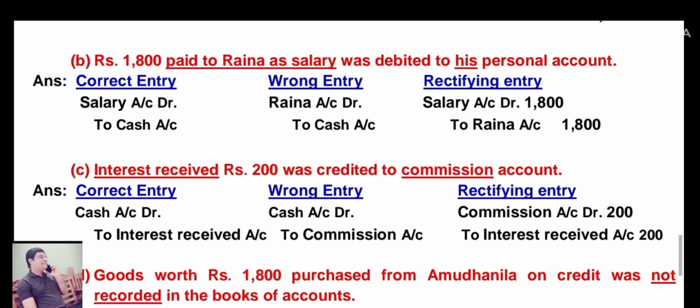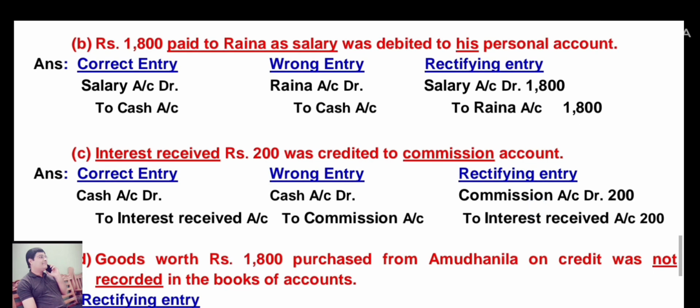Next, rupees 1800 paid to Raina as salary was debited to his account. So instead of salary, we debited his personal account, Raina personal account. So what is the correct entry? Salary paid, salary account debit to cash account.